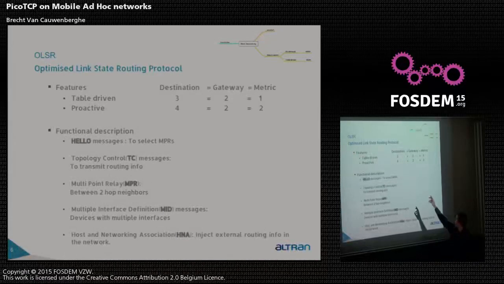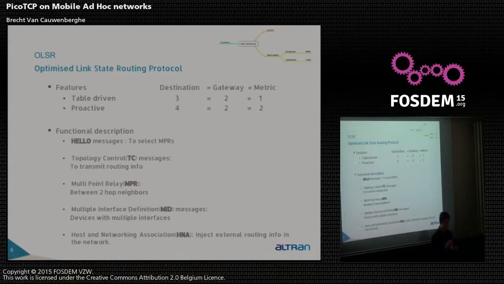So for example, this would be a routing table that is required to get from one side to another. So if I would want to get to destination 3, then I want to hop through gateway 2, and it's going to be one hop, so the metric is going to be 1, and like that, it will build up all different routing information.